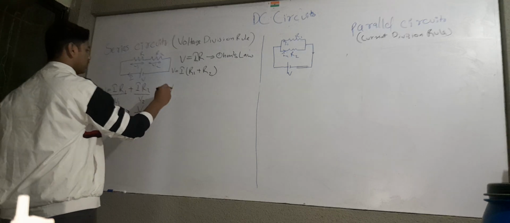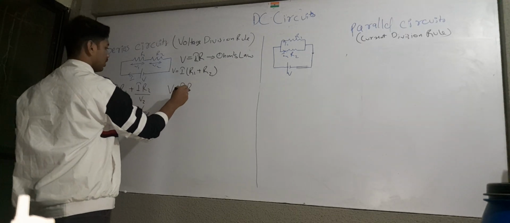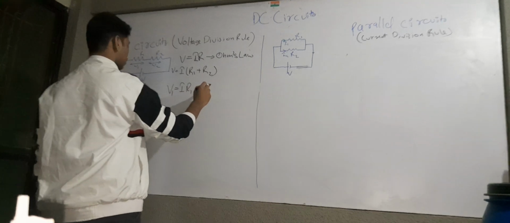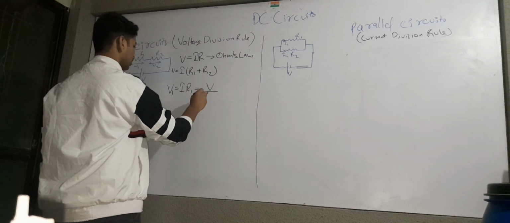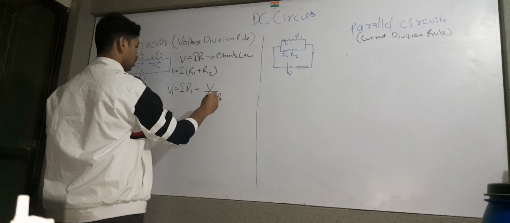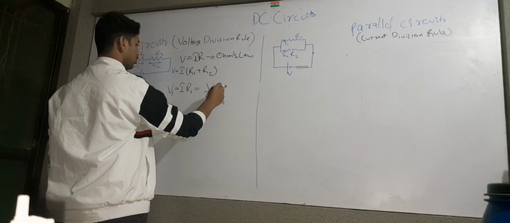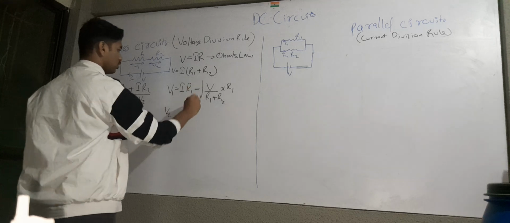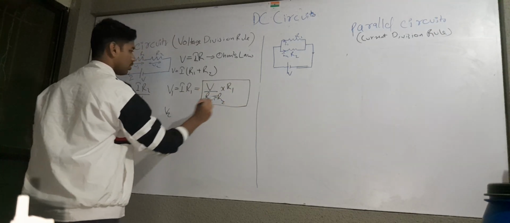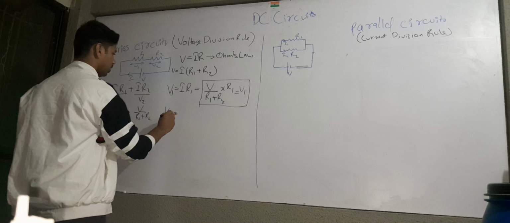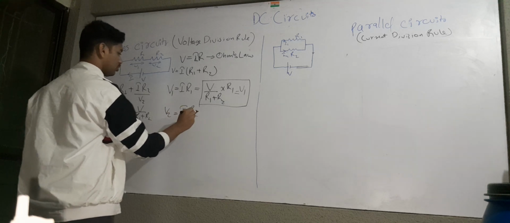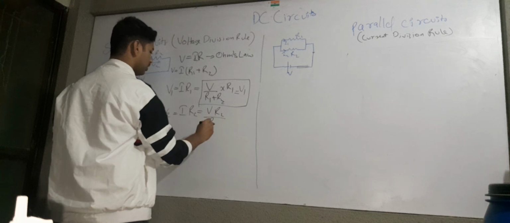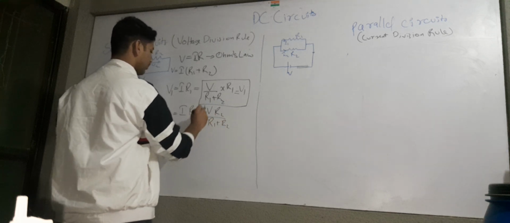So looking at V1, it is equal to I R1, which is equal to V by R1 plus R2 into R1, and V2 is equal to I R2, which is equal to V R2 by R1 plus R2.